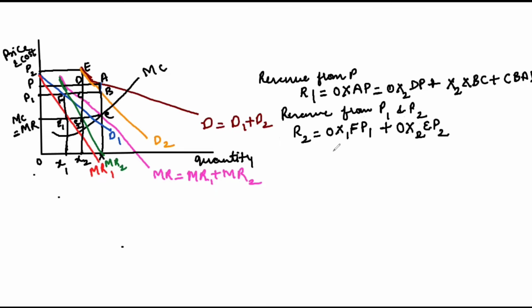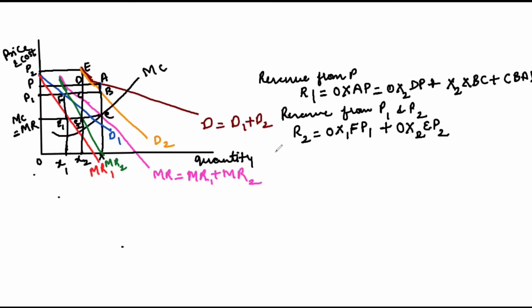So this portion represents OX1FP1 plus this portion OX2EP2 represents the revenue which is earned by the monopolist by charging two separate prices in the segregated markets.